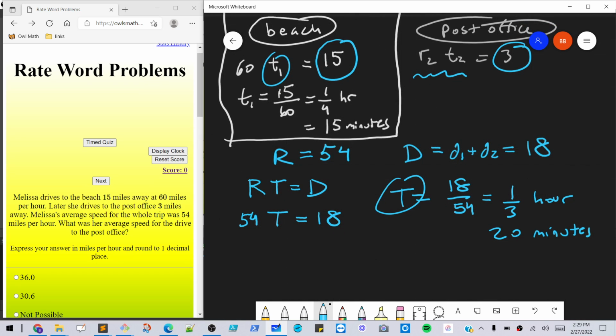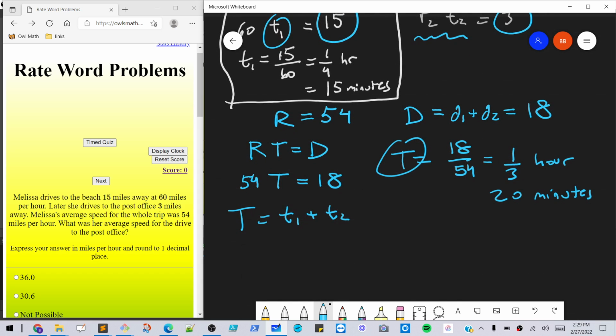So we know our big T, our total time, is going to be T1 plus T2. And we know that the full time is 20 minutes. We know T1 is 15 minutes. We don't know T2, but what we can do is just subtract 15 on both sides, and we find that T2 equals 5.